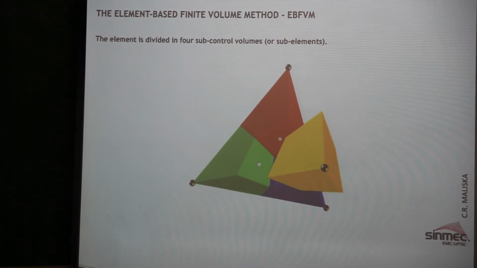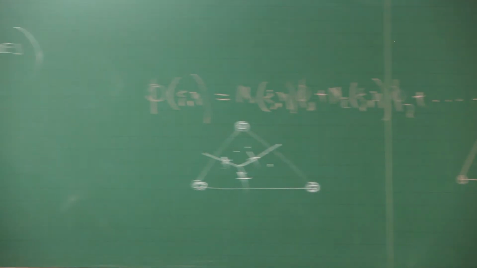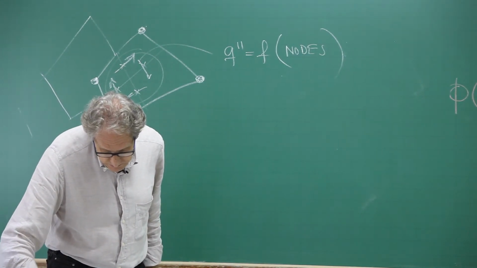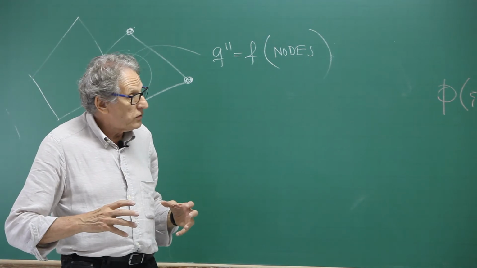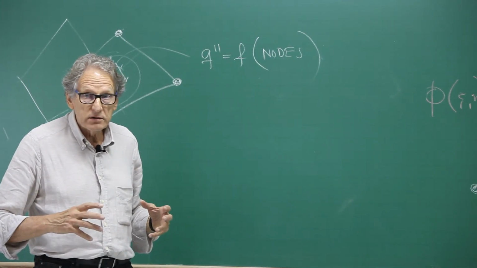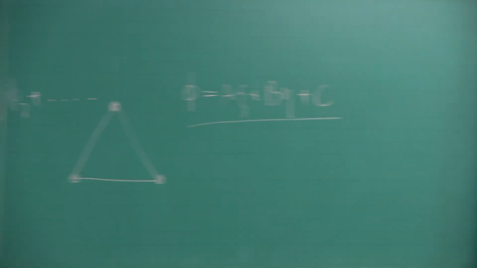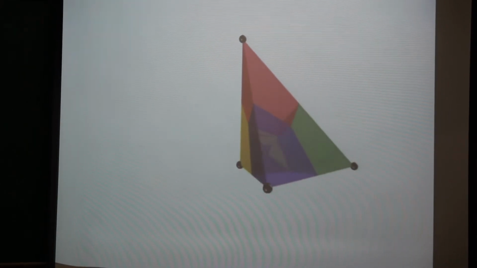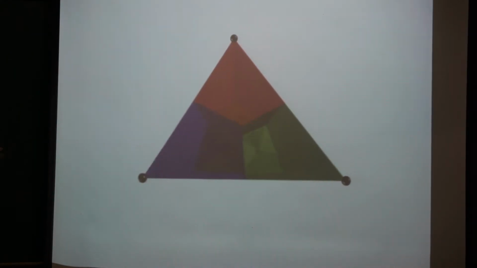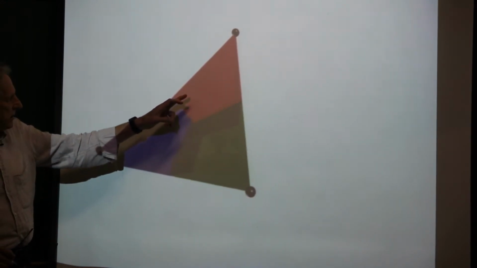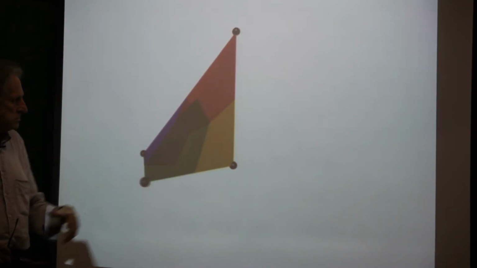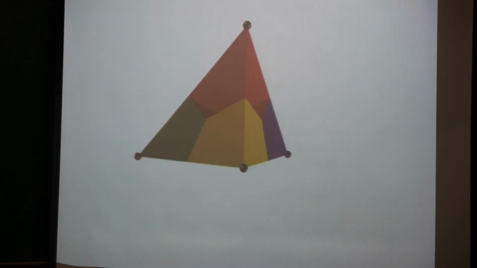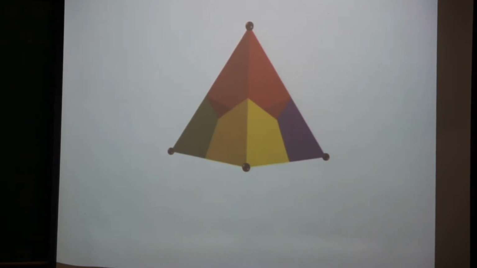This is the sub-element in a tetrahedral element. In order to create a control volume, I need 8 tetrahedrons there. This is the tetra: the blue sub-element, the green, the red, and the yellow. Now the 4 nodes in 3 dimensions.